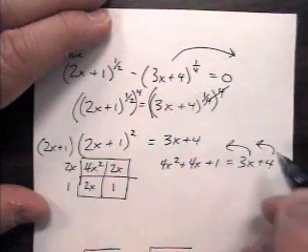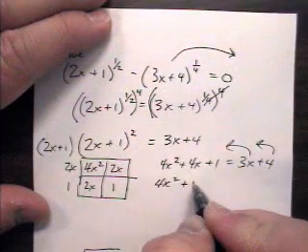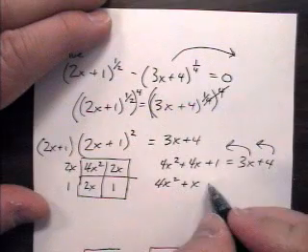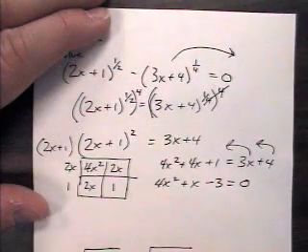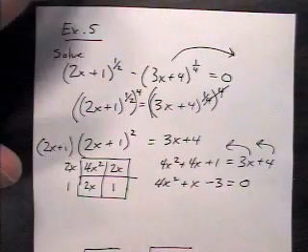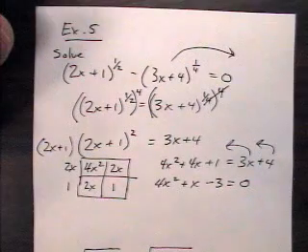Bring everything over. 4x squared plus 1x minus 3 equals 0. Okay? And let's see about factoring this.